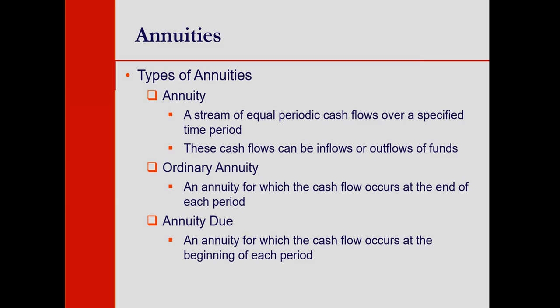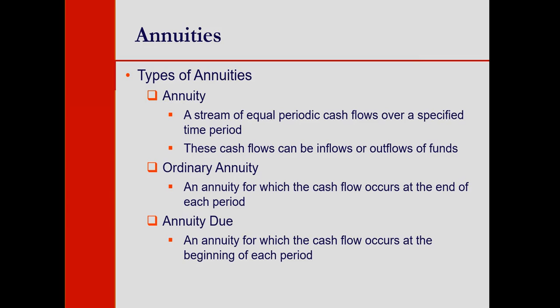Okay. Now, this annuity can be an ordinary annuity or an annuity due. If the problem doesn't specifically explain anything, we always assume that it is an ordinary annuity. Ordinary annuity means the first payment occurs at the end of the period. For example, today at time 0 you won't get anything.